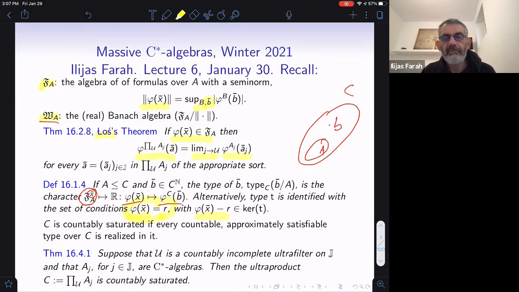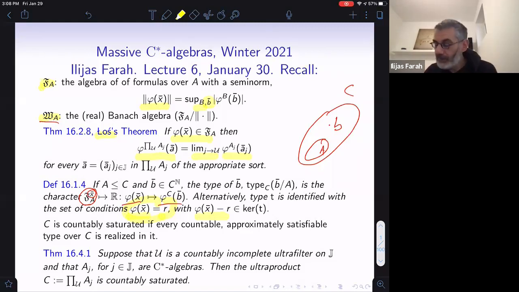Now, just like what we had in the degree 1 case, if you like to think in terms of characters, you just look at all conditions which occur in a type, collect all those formulas, phi minus r, which occur in those conditions, and form the subalgebra generated by those formulas. And then your type really defines a character on that subalgebra.